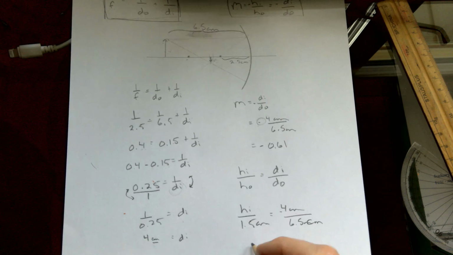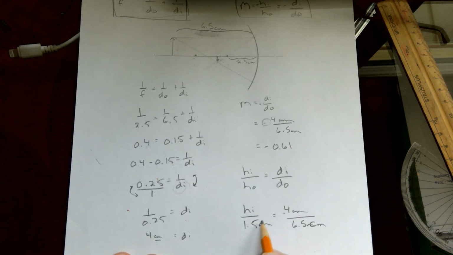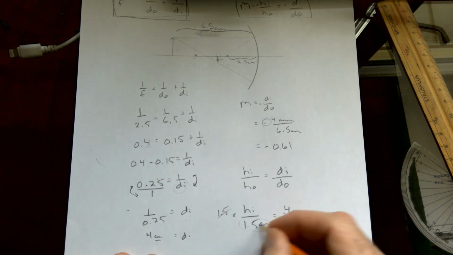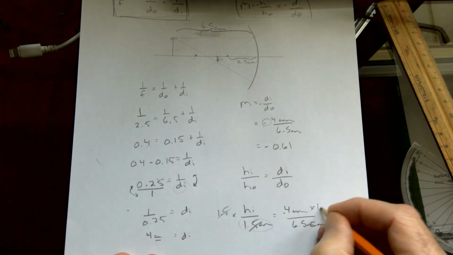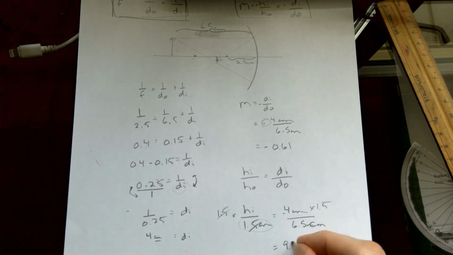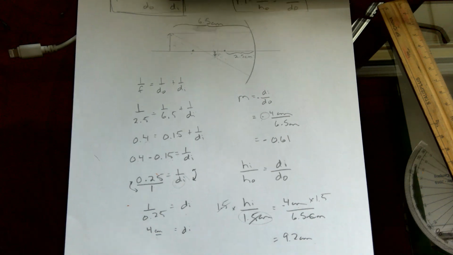So I have to multiply both sides by 1.5 to get rid of that 1.5. Four times 1.5, divided by 6.5 equals 0.92 centimeters.